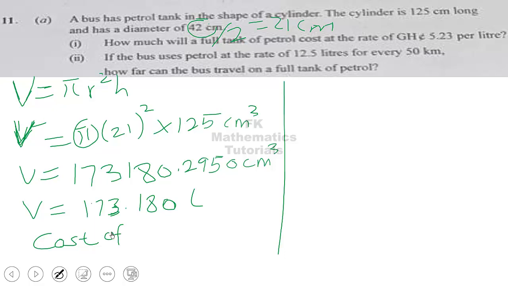So cost of full tank will be equal to 5.23 times 173.180.